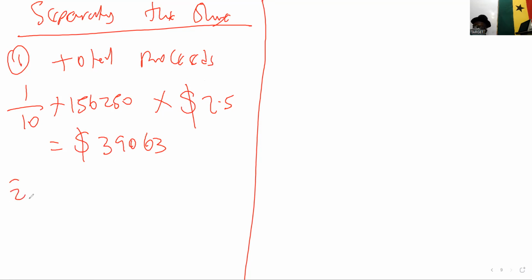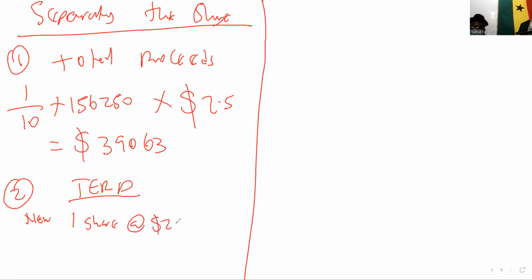Step 2, find the TEP. TEP is known as what? Theoretical ex-rights price. This is how you calculate it. Maybe you can start by saying new: 1 share at $2.5.